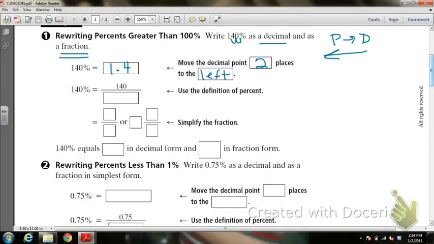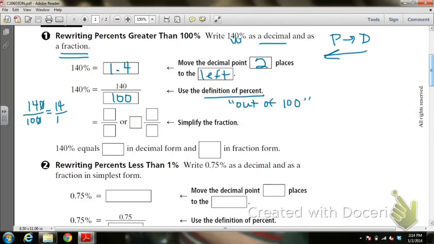Now they also want me to write it as a fraction, so I'm not done. I know the percent. What's the definition of percent? It means out of 100. So I put my percent over 100, and I should reduce that. So 140 and 100, first I can divide both by 10, so it just knocks off the 0.